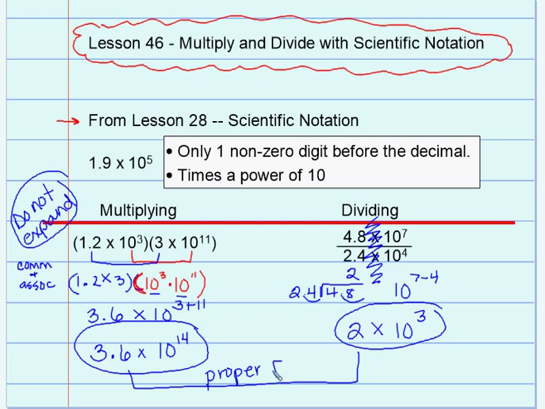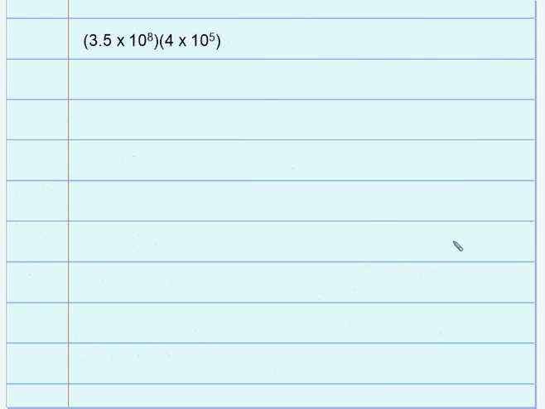And what I mean by proper form is this. There is one non-zero digit in front of the decimal, and it is times the power of 10. So that's okay. But sometimes your product or your quotient doesn't come out to be in proper form, so we need to fix that. So that's the problem we're going to do now.